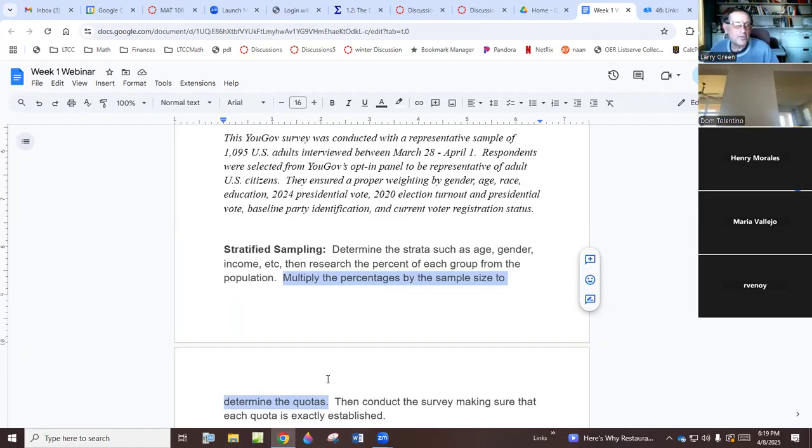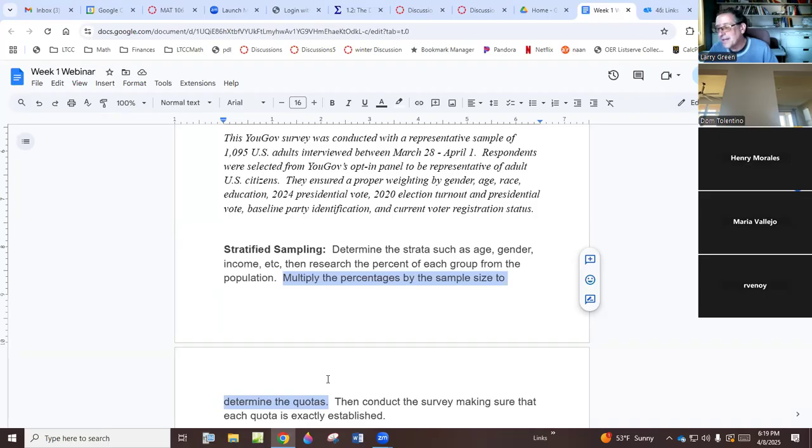And let's suppose you wanted a sample size of 1,000 US adults. Then you would take 1,000 times 0.38, which is 380. And then you would make sure that you ended up surveying exactly 380 Hispanic adults. If you get 380 and then the next person is Hispanic, you don't even ask the question to that person because you already got your 380. Is that clear?